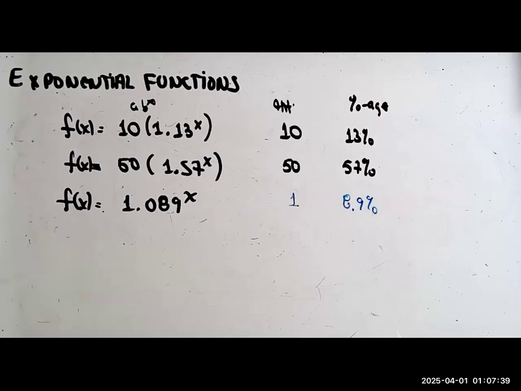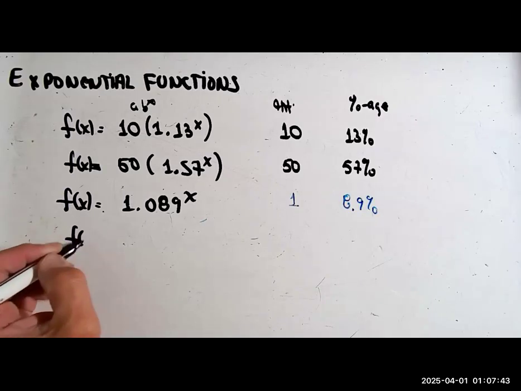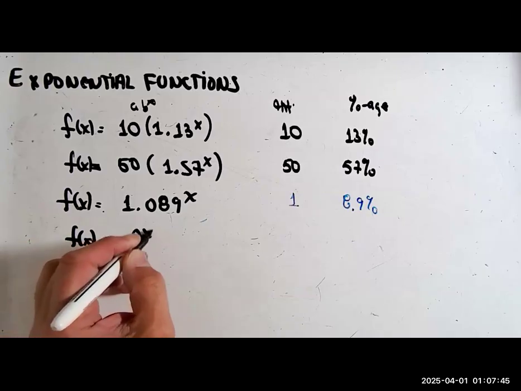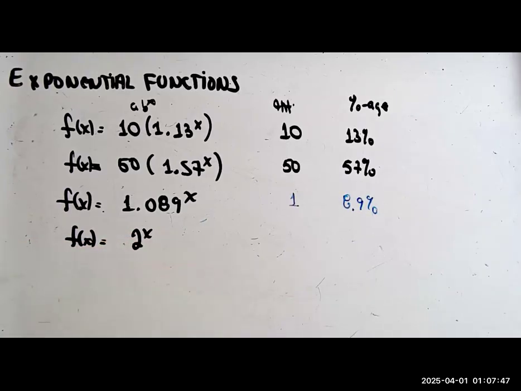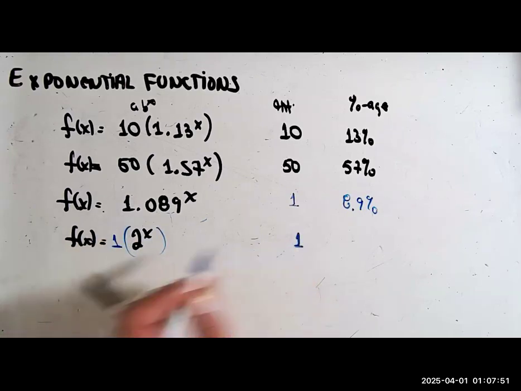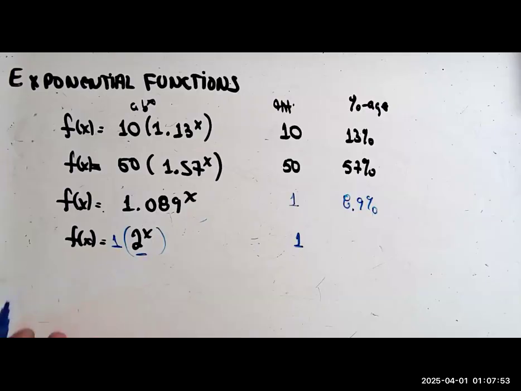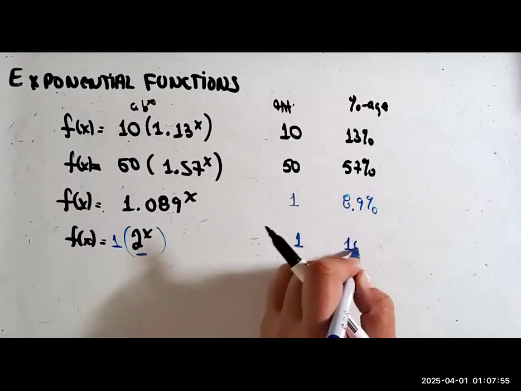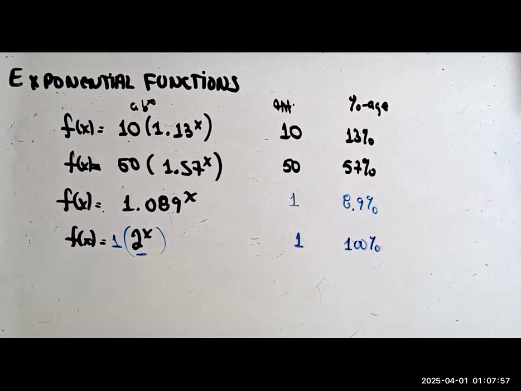And of course, if I have f of x equals 2 to the x, once again my initial value will be 1, which is invisible. And this one is growing at what rate? At the rate of 100%.